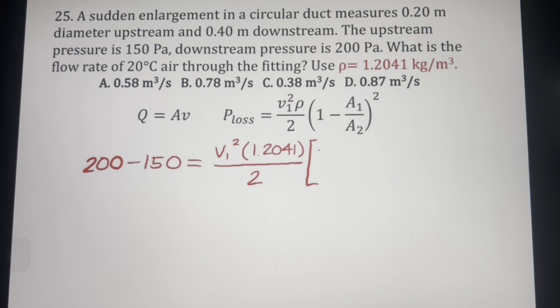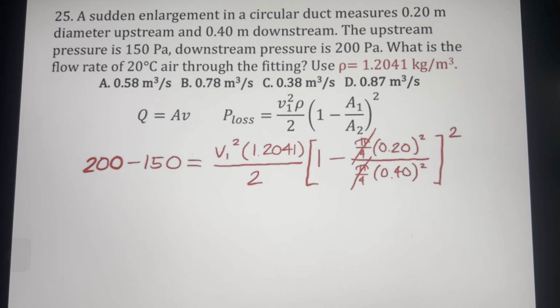Quantity 1 minus our area 1 is the area of our cross section for the circular duct, so that will be pi over 4 diameter squared over the cross section area downstream, so that will be pi over 4 diameter squared. Then do not forget our exponent here. So we can cancel out pi over 4.